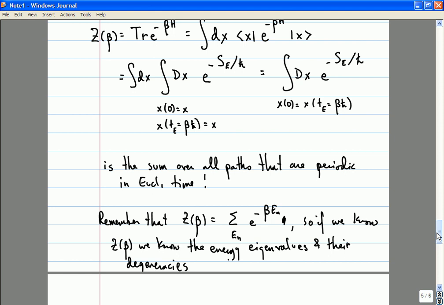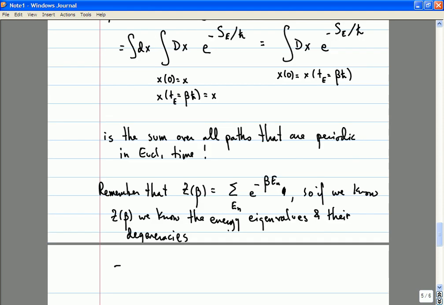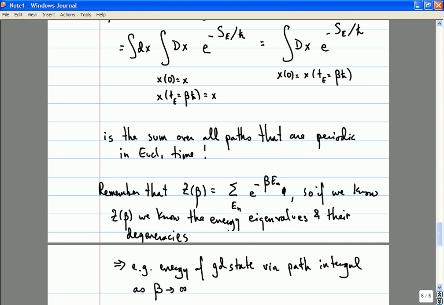And the leading contribution of that should be e to the minus beta E naught, where E naught is the energy of the ground state. So for example, this tells us how to approximate the energy of the ground state in terms of a path integral in Euclidean time as beta is going to infinity.